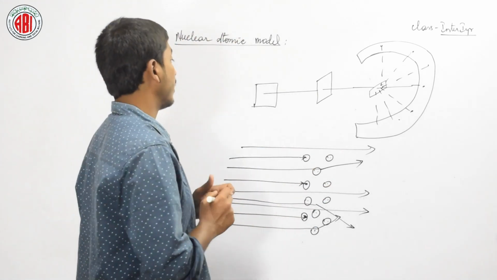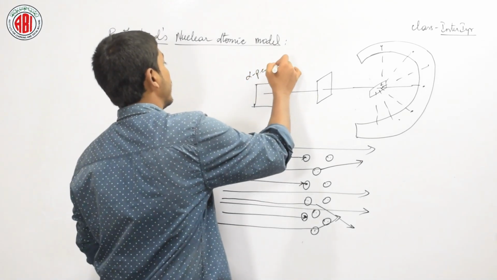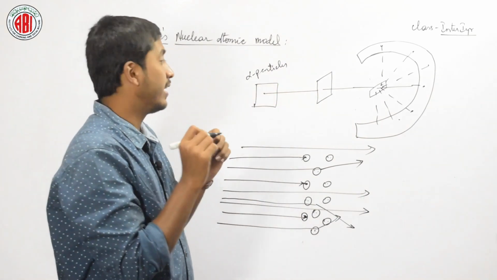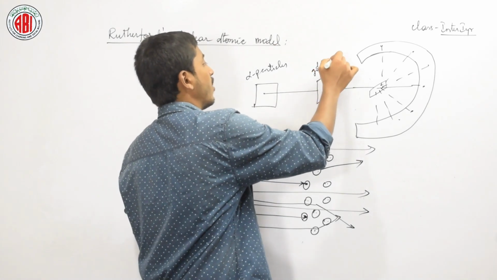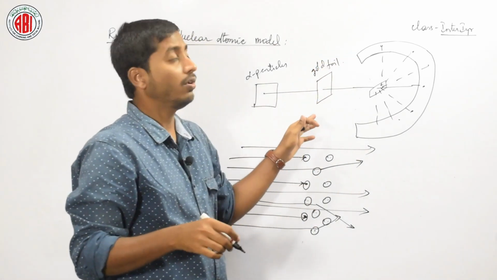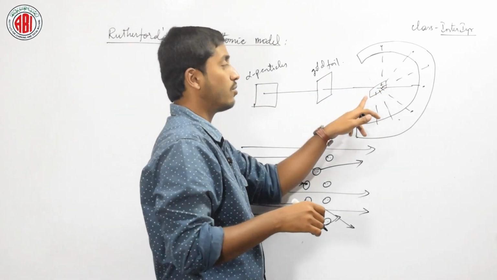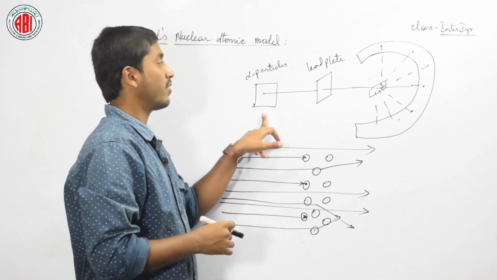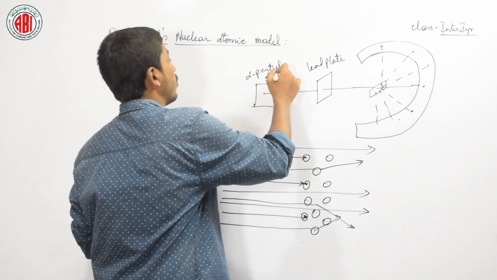See here, this is a source of alpha particles. He placed a source of alpha particles and started making them incident on a gold foil. The setup itself tells that there is an alpha particle source.